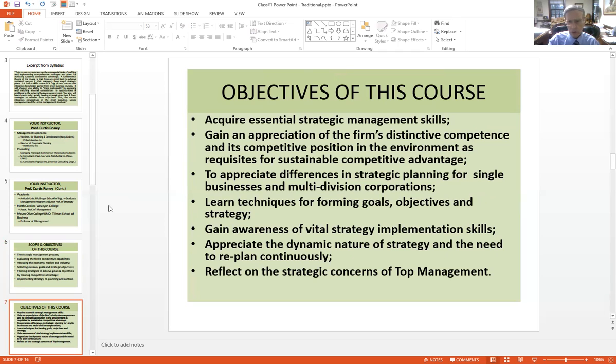It'll enable you to acquire essential strategic management skills and to gain an appreciation of what it takes to be a winner in competition, distinctive competence, and the firm's competitive position in the environment. Also to appreciate differences in strategic planning for an individual business as opposed to a corporation that has many businesses.